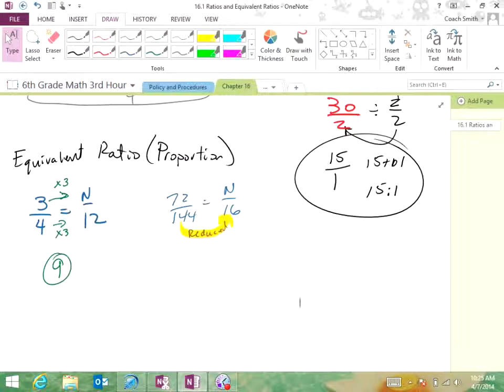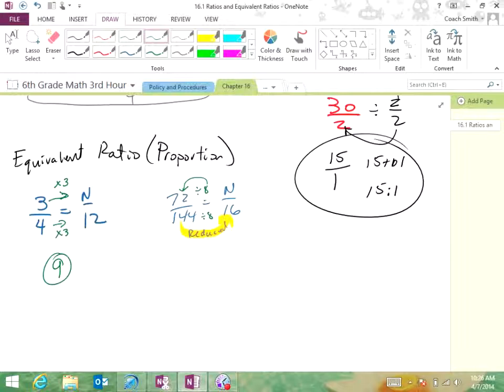What did we do to 144 to make it 16? What did we reduce it by? What? 8? That is correct. We divided by 8. So we have to divide by 8 to the top. 8 into 72 goes 9 times.